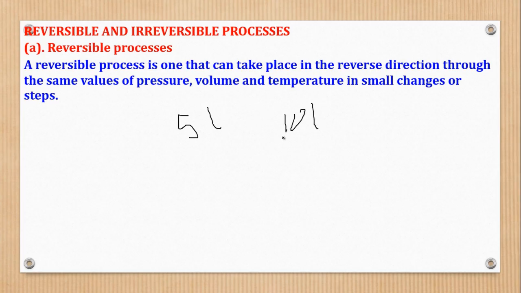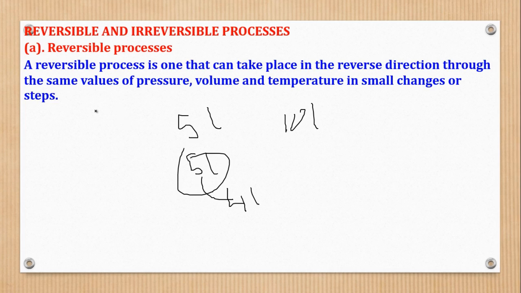Then you make it undergo a reversible change and it goes back to 5 liters. That means it is reversible. But if you cause it to go back and it goes back to 4, it means it is irreversible because it cannot go back to the original value.